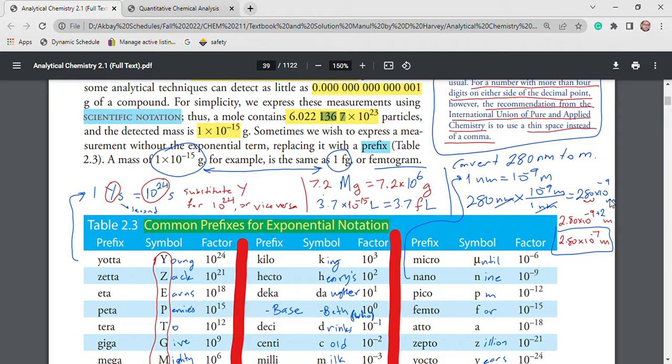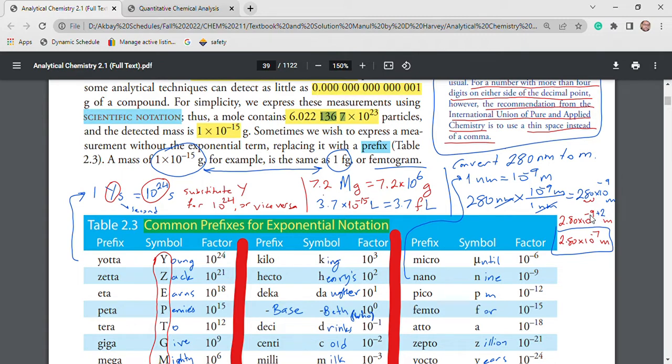And in scientific notation, because the number has to be between 1 and 10, we have to move the decimal point from after the 0 to between the 2 and 8. So you have to move the decimal point to the left twice. That means you will add plus 2 to the exponent because you move to the left.